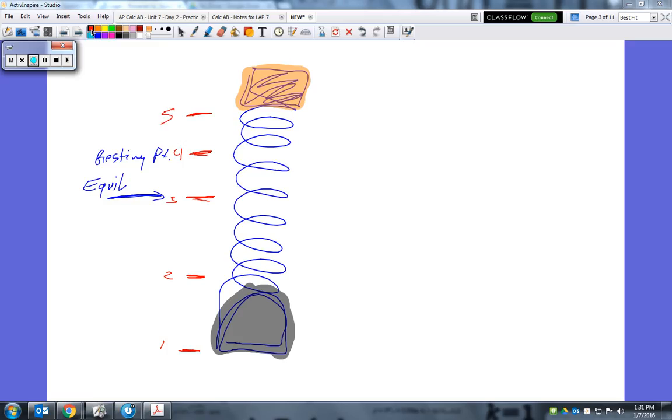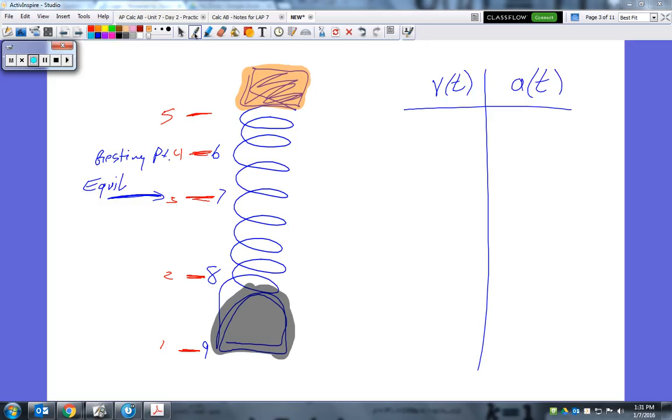And on the way down, we're going to call them 6, 7, 8, and 9. Okay? Now, all we care about, Ethan, is what? The signs of what? What are the same? Velocity and acceleration. So velocity at a certain time and acceleration at a certain time.